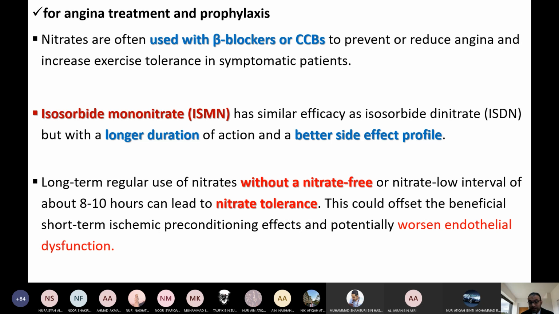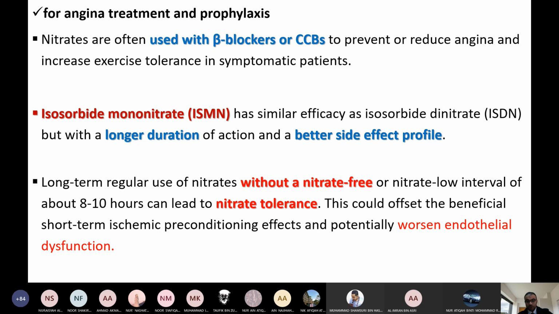According to your pharmacology background, you know that the nitrate action inside our body is dependent on endogenous thiols. So if these endogenous thiols are depleted, the action of nitrate will not be that much, and we start to have nitrate tolerance.